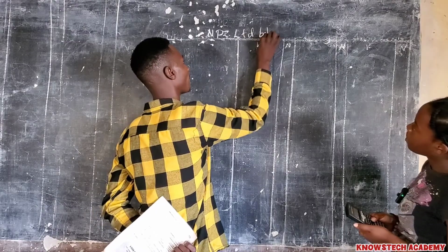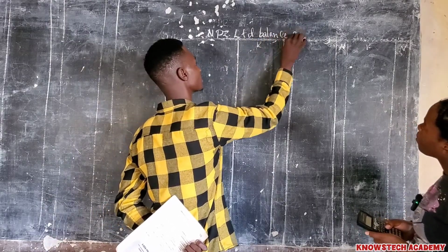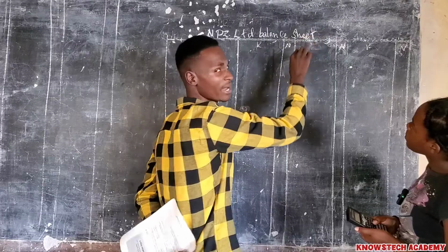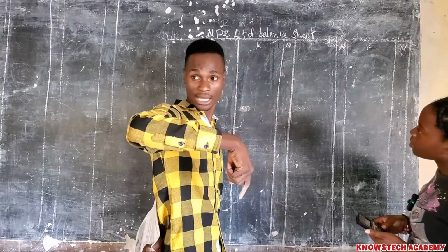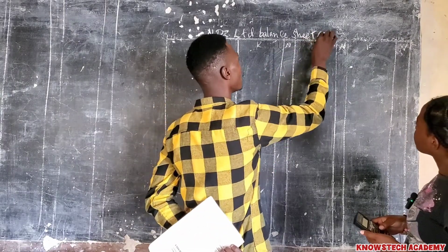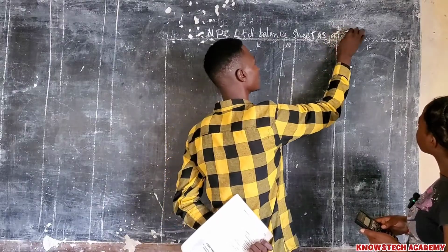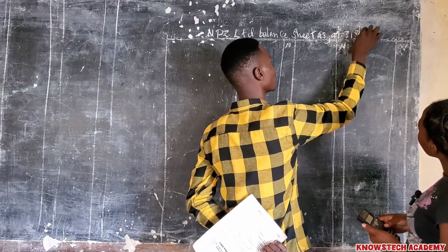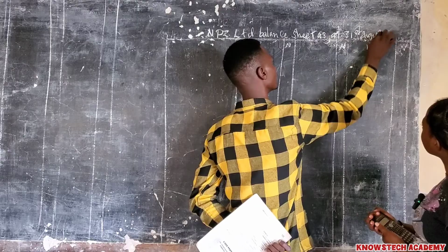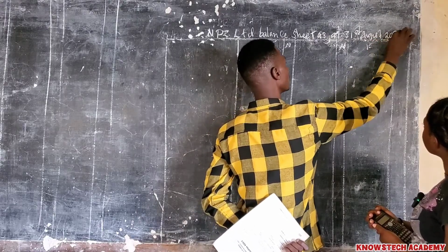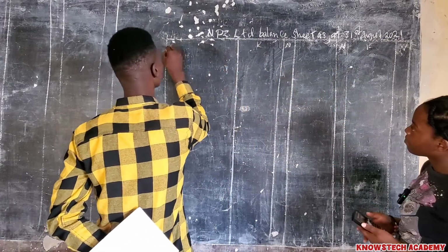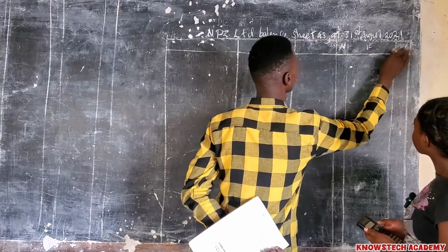Balance sheet. When is the balance sheet prepared? As at that date, as at 31st August 2021. Now check nicely.